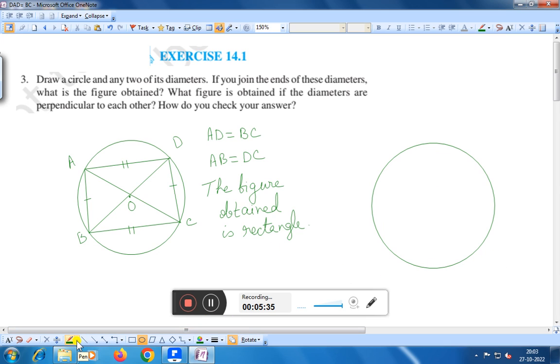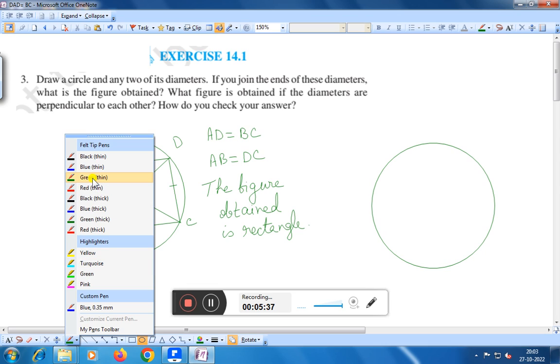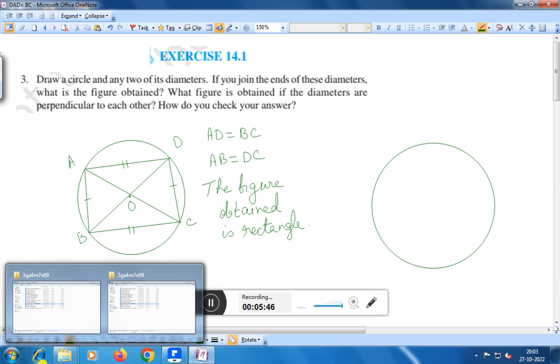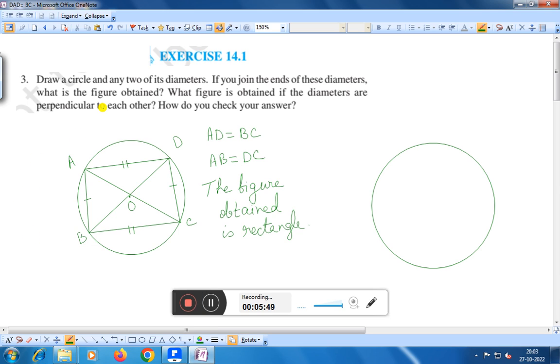Suppose this is the center of the circle, and we take it as O. Right?